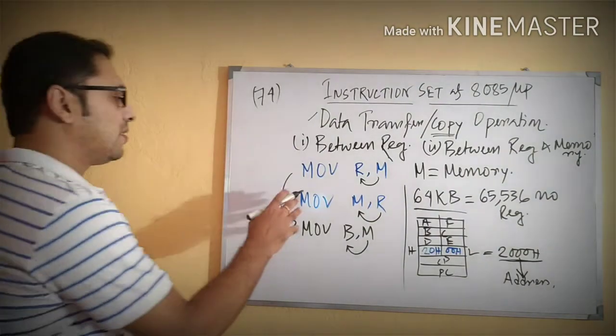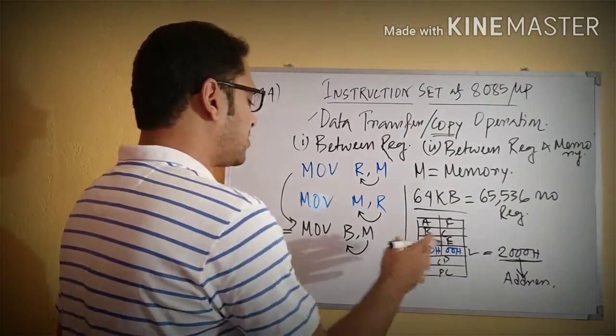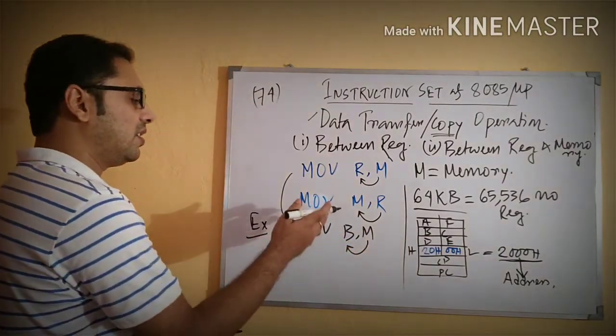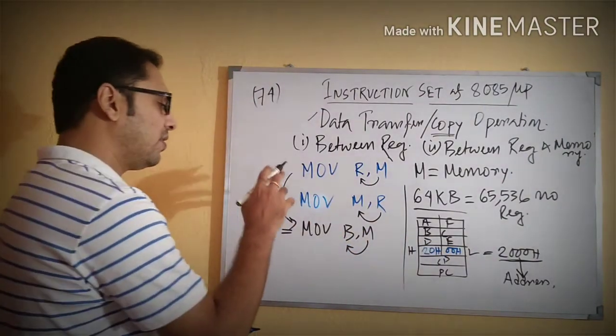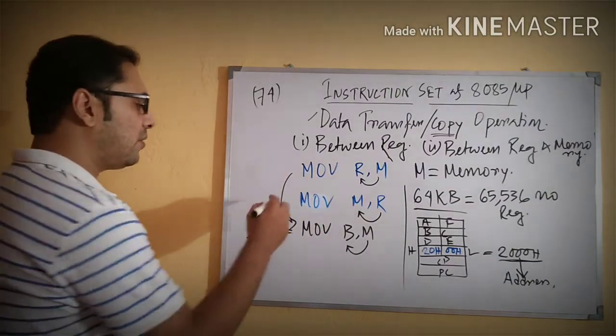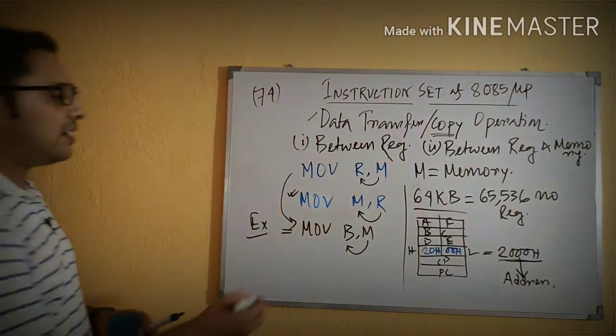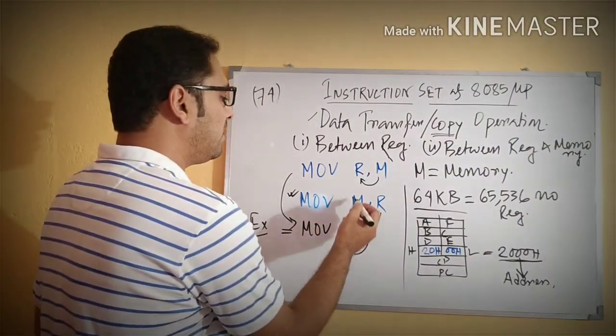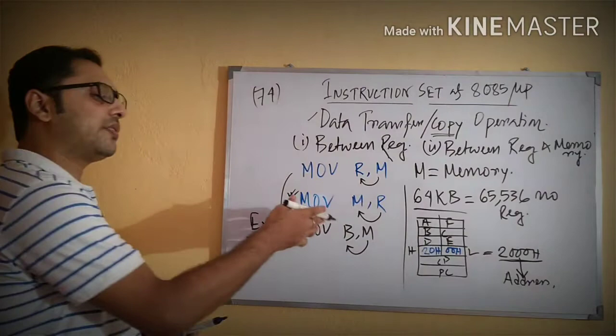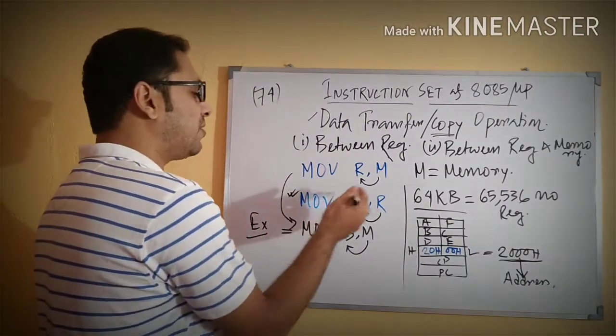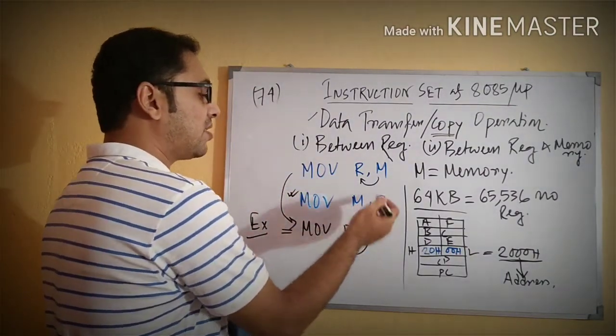Clear? And the reverse one, that is data transfer from register to memory. If I want to transfer data from register to memory, then we need to use the instruction MOV M, R. That means the content of register R will be moved into memory. So once again the question arises, at which memory location do I want to store the data of register R?